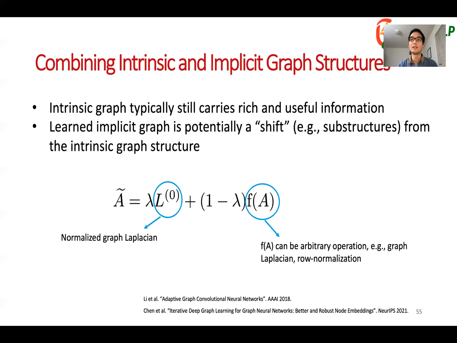One common way to do this is to compute a linear combination of the normalized graph Laplacian of the intrinsic graph structure and the normalized adjacency matrix of the implicit graph structure. And we can apply various normalization operations to the learned adjacency matrix, such as graph Laplacian and row normalization.